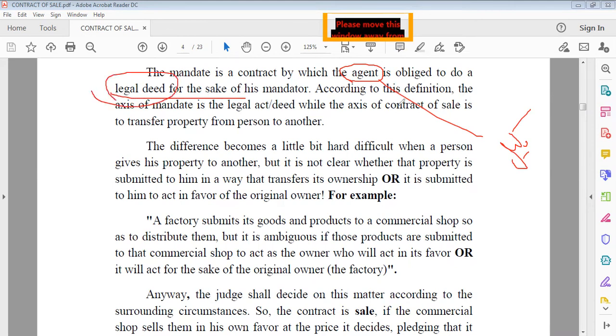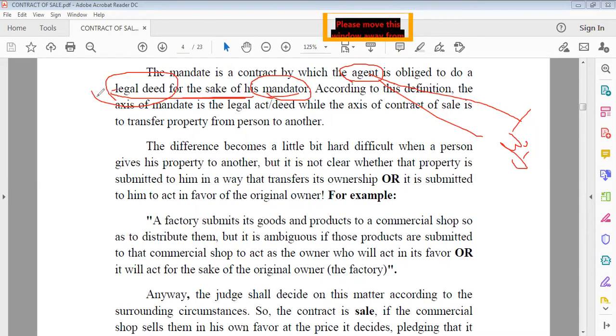Under this contract, the agent has to carry out a legal act for the benefit of the mandator. So we have two parties here. The first one is the agent, the second one is the mandator. The agent is obliged, according to this contract, to accomplish or to do a legal deed.